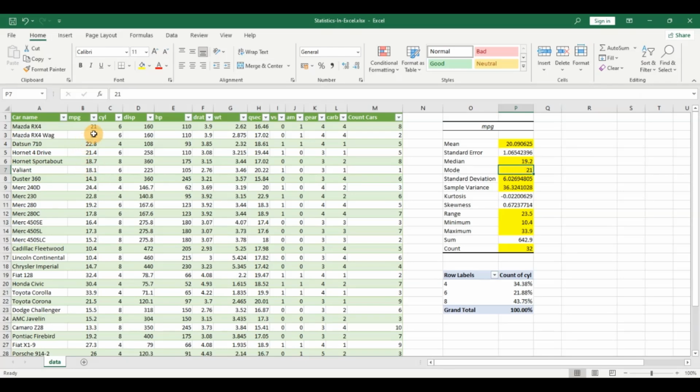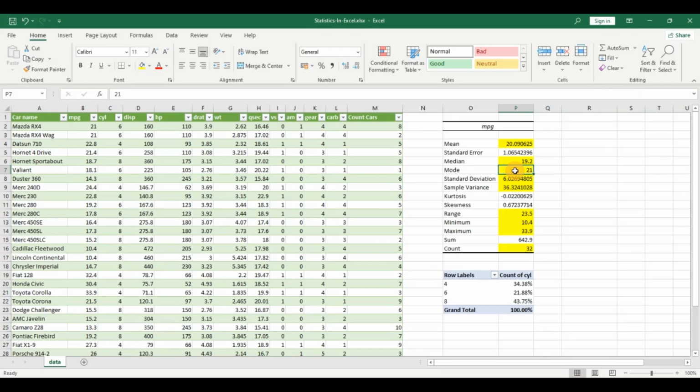So for the miles per gallon, the average value is 20, the median is 19.2, which is nothing but the middle value of your data, and the mode is 21, which is nothing but the most frequently repeated value of your numerical variable. So given these three values together, it would be a fair guess to say that the next best guess for the miles per gallon could be something in the range of 17 to 23, as we discussed in the last video, with 20 or 21 being a good guess.